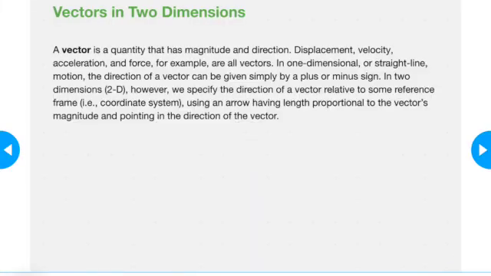So, we already defined this, so we don't need to jot this definition down, but remember that vectors have both magnitude and direction, and just because we're looking at them in 2 dimensions now, that doesn't change.